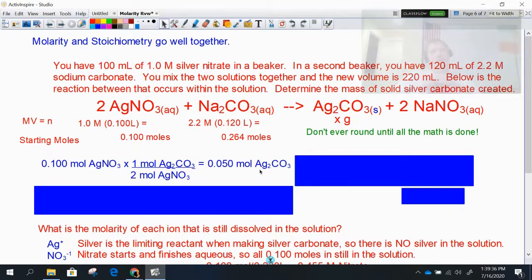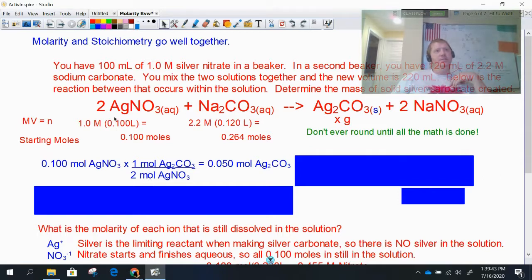So bam, there's the first stoichiometry question. We take the moles, and this is the mole ratio. It's the ratio between silver nitrate and silver carbonate: two silver nitrates produce one silver carbonate. Two silver nitrates, one silver carbonate. Why did the silver nitrate go on the bottom? Great question, Frank. Well, you have silver nitrate to start with. We need units to cancel out and formulas to cancel out.